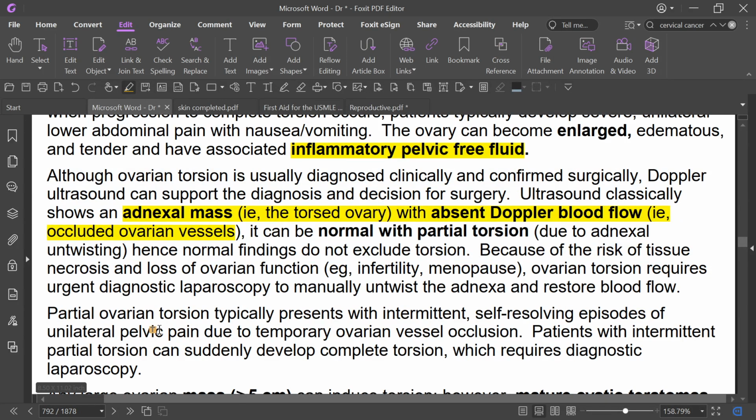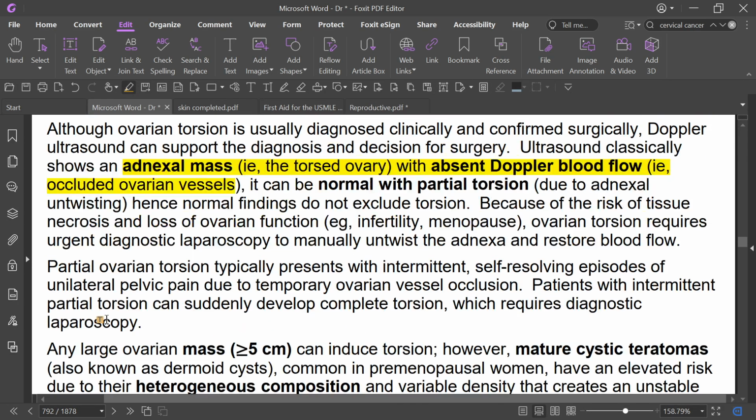Partial ovarian torsion typically presents with intermittent self-resolving episodes of unilateral pelvic pain due to temporary ovarian vessel occlusion. Patients with intermittent partial torsion can suddenly develop complete torsion, which requires diagnostic laparoscopy.